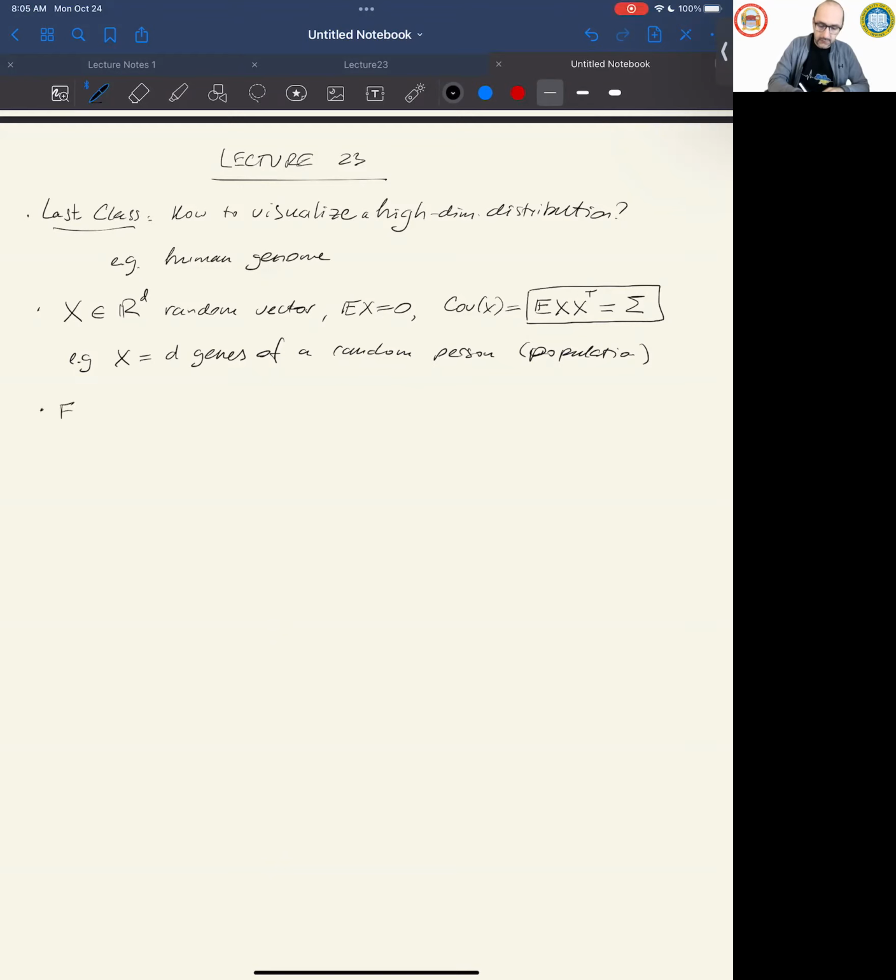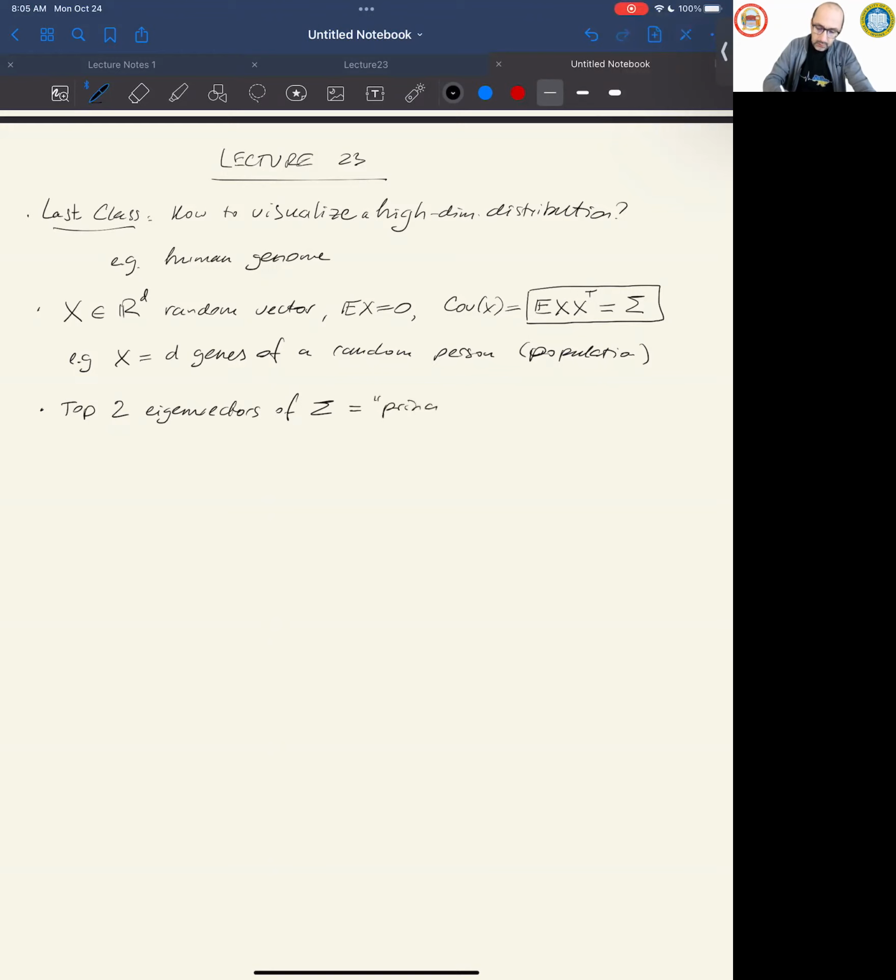How? We compute the eigenvalues, eigenvectors. Let's say the top 2, because I want to put it in dimension 2. The top 2 eigenvectors of sigma, and by top, I mean those corresponding to the largest eigenvalues, the biggest 2.